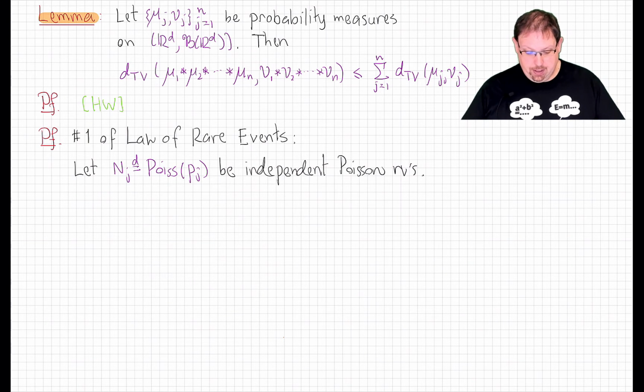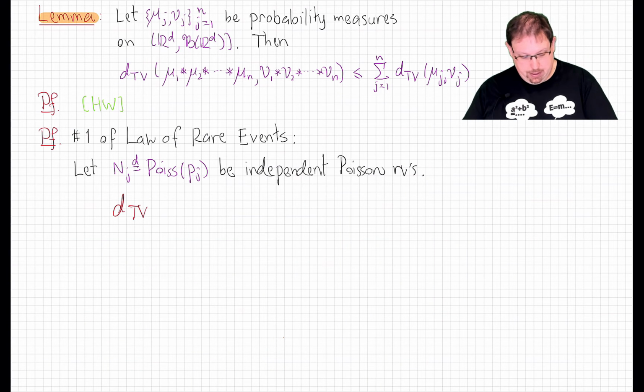That is, if we let Nj be a Poisson random variable of parameter pj, and let N1 through Nn be independent, then we can compare those to the Bernoullis X1 through Xn that are independent, which is what we're trying to estimate.